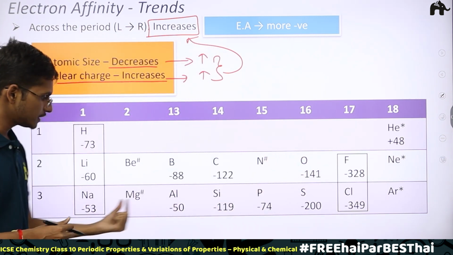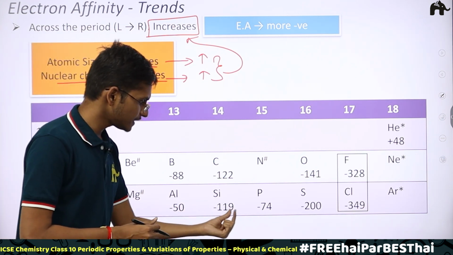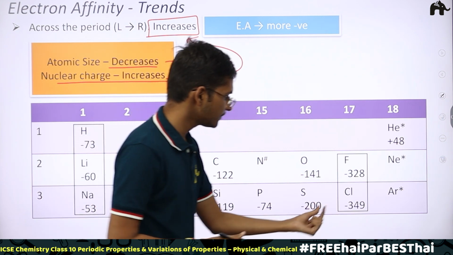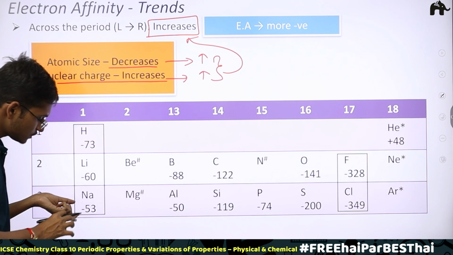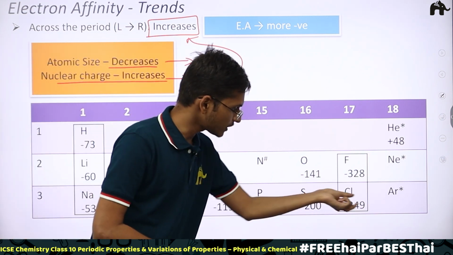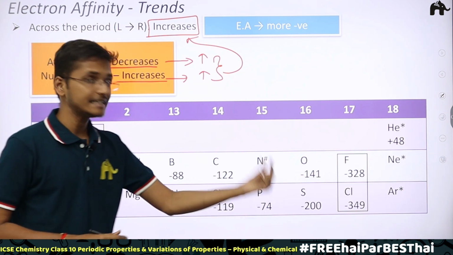Here also minus 53, just leave minus 50, minus 19, minus 74, minus 200, minus 349. You just focus on the net increase. From minus 53 it is moving to minus 200 and to minus 349. So the values are increasing.